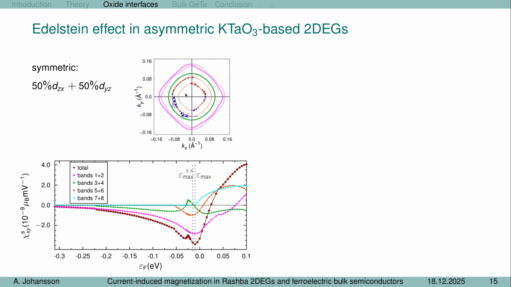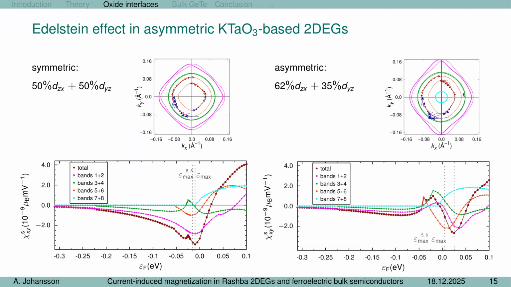And we thought about what to do to resolve that problem. And we had the idea to induce some anisotropy to our system. So in another model, we just induced some asymmetric on-site potential between the zx and the yz orbitals. And now our states are not 50-50 anymore. It's like 62-35. And if you now look at the spin textures, you see that they are already enhanced.